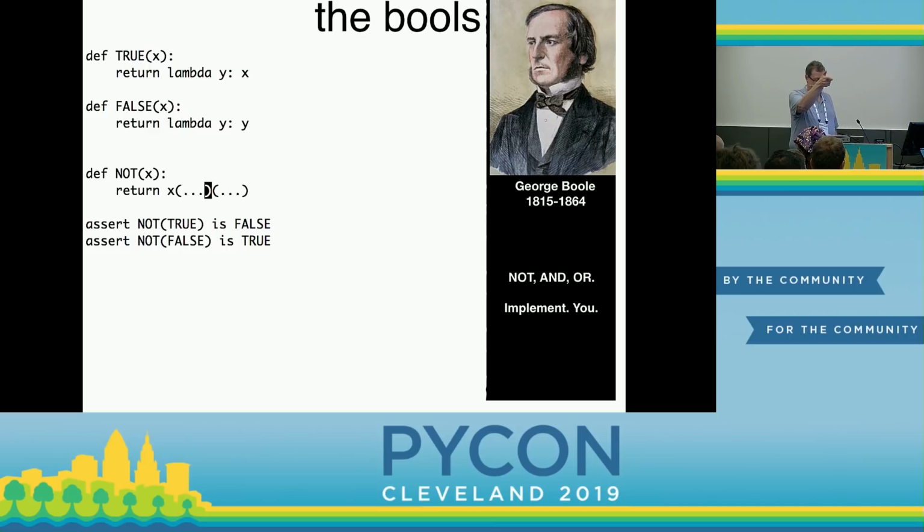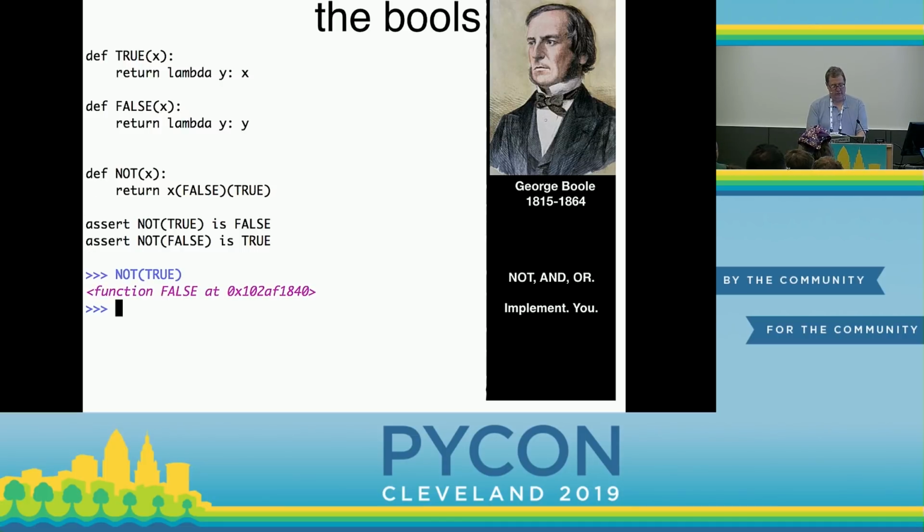Just reverse it. If x is true, what you want to do is pick out false. And if it's false, you pick out true. So not true is false, and not false is true. Looks a little strange.